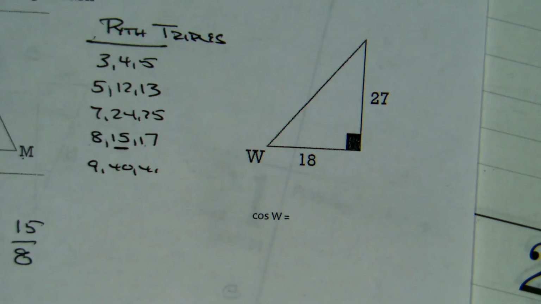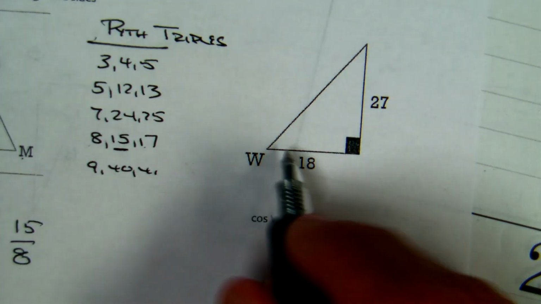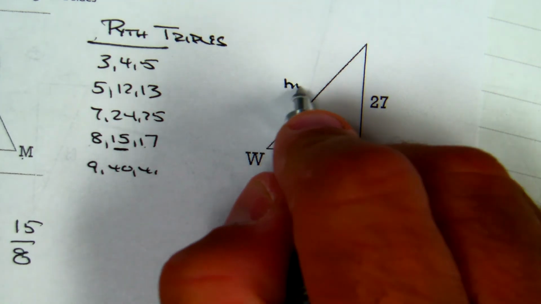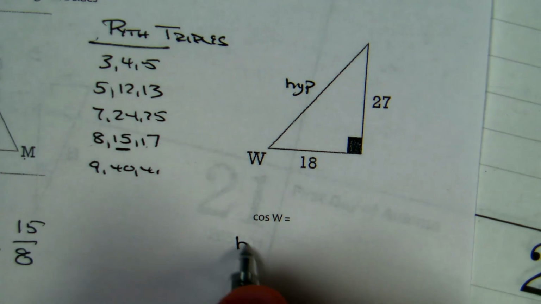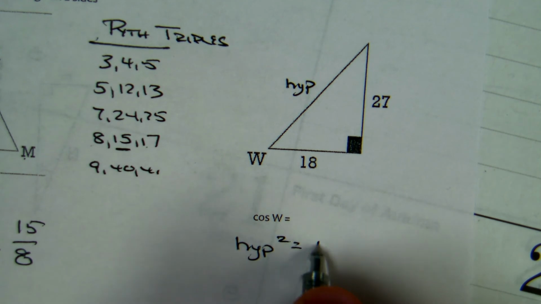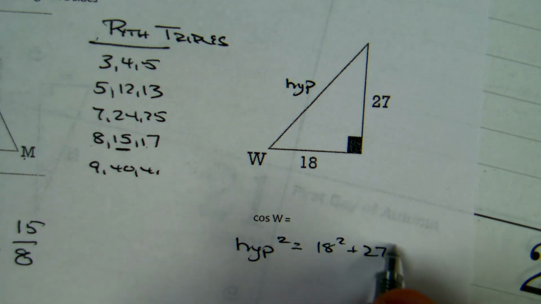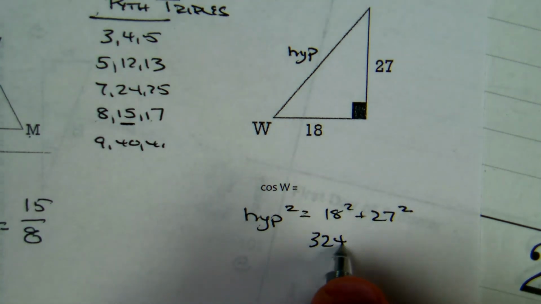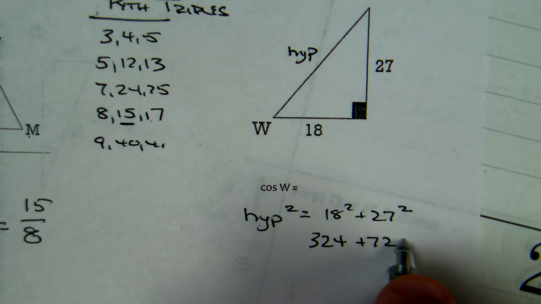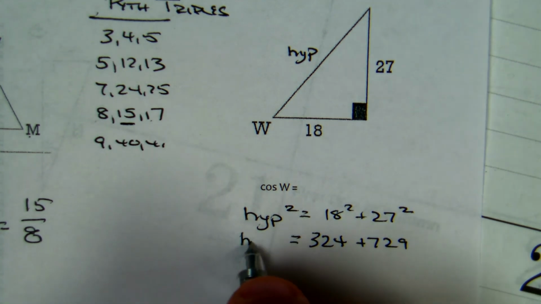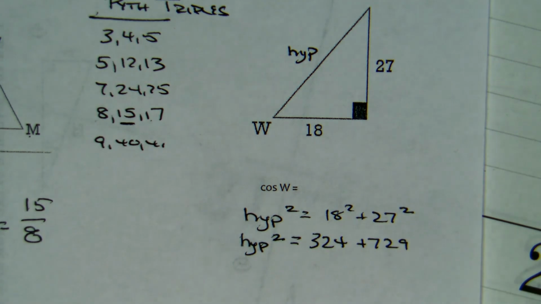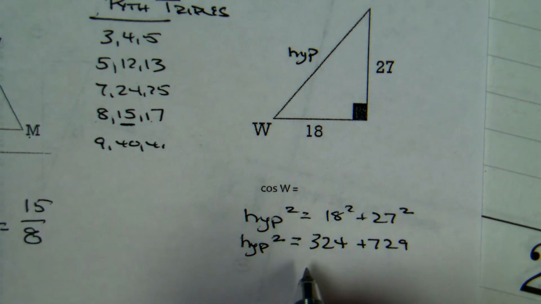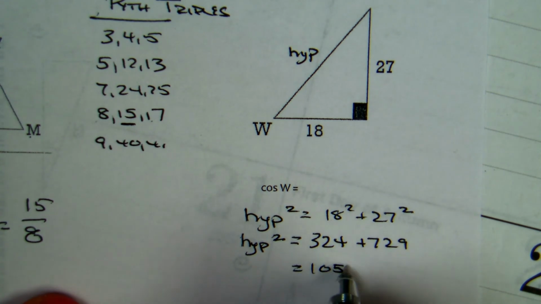Now when they're not triples, 18 and 27, and I want the cosine of W, I don't know what the hypotenuse is. So Pythagorean theorem: hypotenuse squared equals 18 squared plus 27 squared. 18 squared is 324. 27 squared is 729. They add up to 1053. Now, that's a big number.